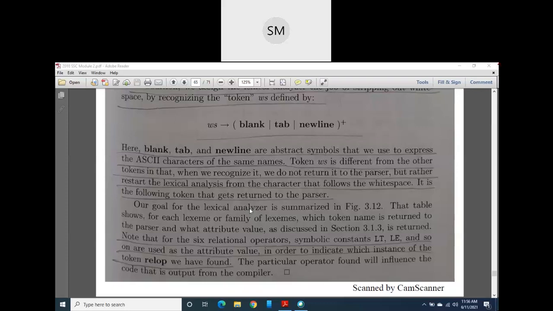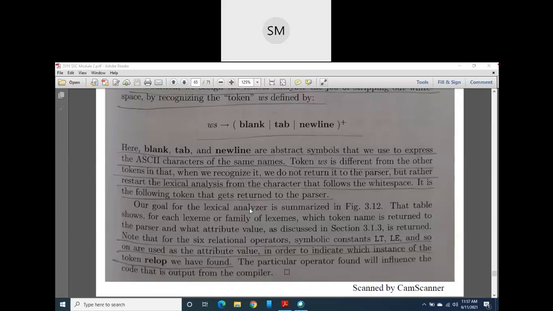But here we are going to take attribute value for relational operators, because if you write only token name like RELOP and you don't write attribute value, then the compiler or lexical analyzer will get confused about which relational operator, because 6 or 7 relational operators are there. So to avoid that confusion, explicitly you have to give an attribute value to your token name.